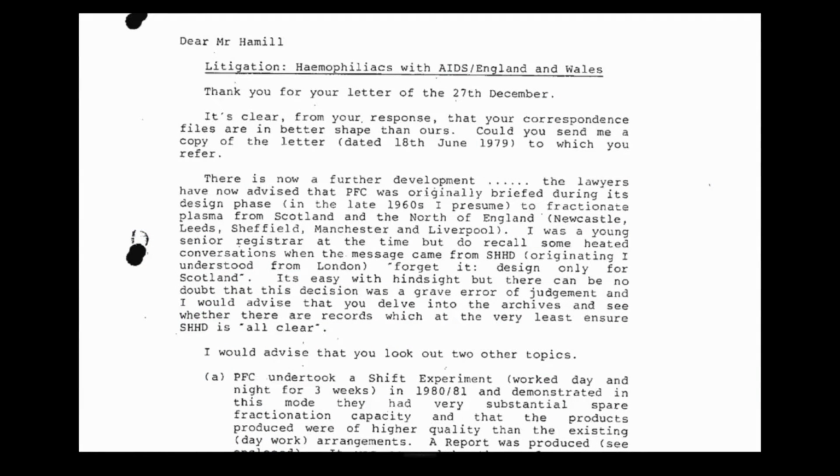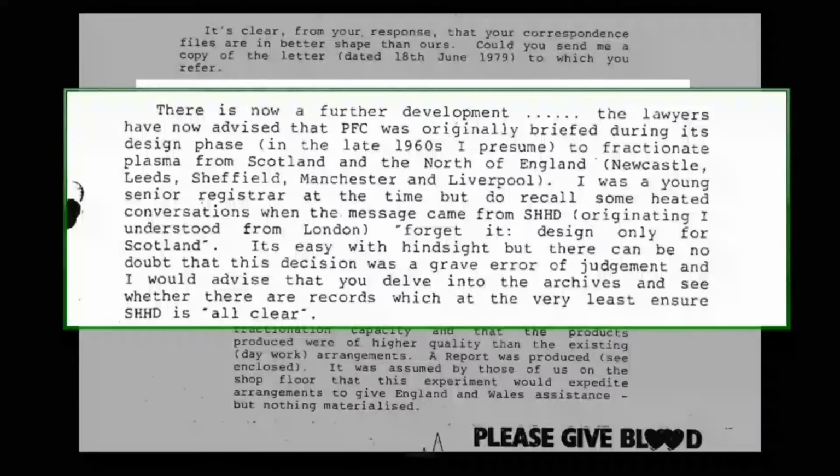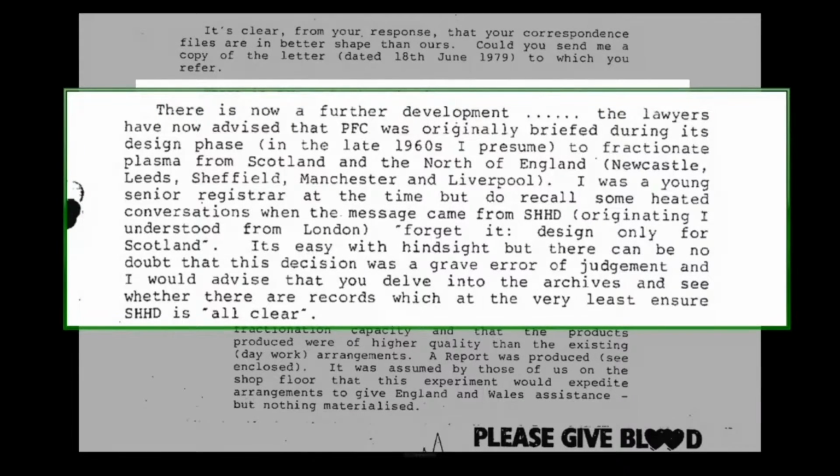If we pick it up in the third paragraph, he says this. The lawyers have now advised that the PFC was originally briefed during its design phase, in the late 1960s, I presume, to fractionate plasma from Scotland and the north of England, Newcastle, Leeds, Sheffield, Manchester and Liverpool.